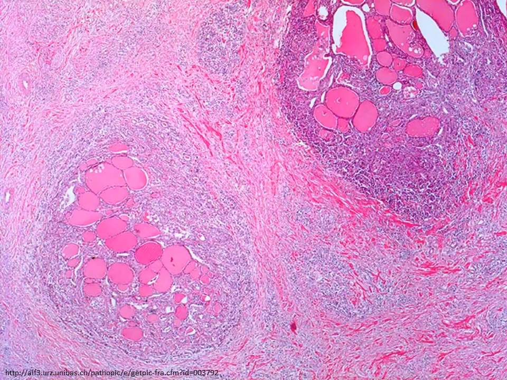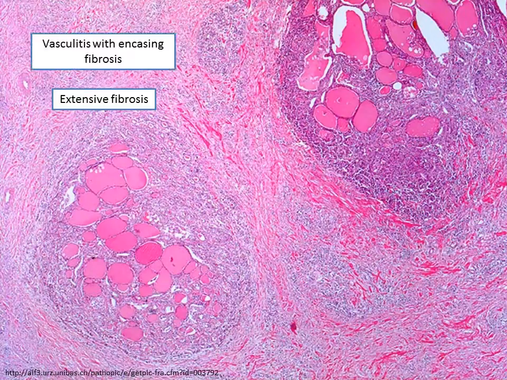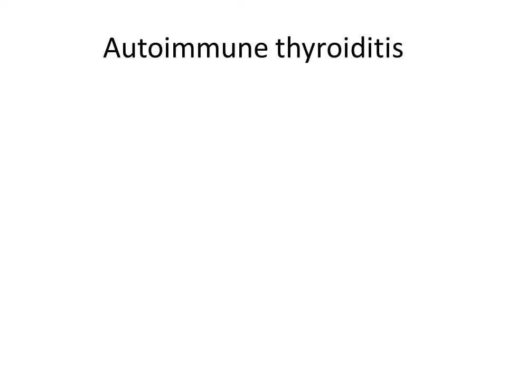The microscopic image of this lesion shows extensive fibrosis of the thyroid gland and vasculitis with encasing fibrosis, similar to what we see in IgG4 disease, and of course the chronic inflammation as shown in this picture. You can see also the residual atrophic thyroid follicles.